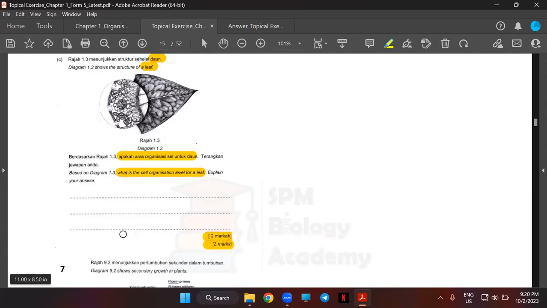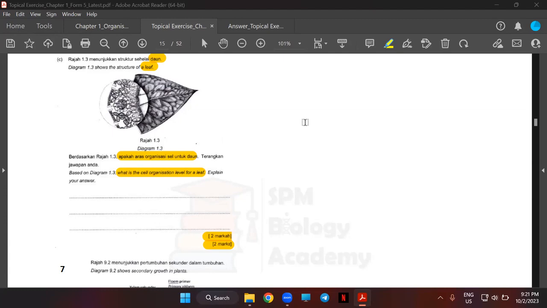What is the cell organization for a leaf? Anyone know? Not sure? Tak pasti?